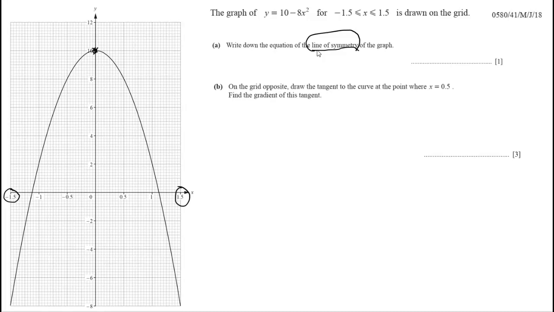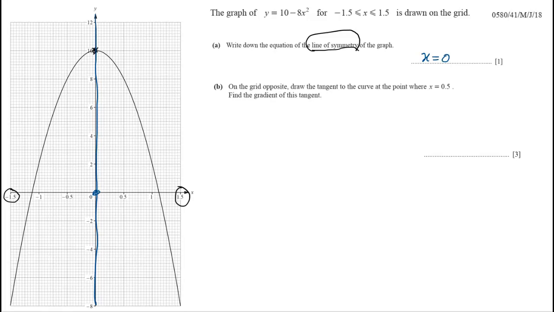From here, this vertical line, which is the y-axis right now, is the line of symmetry. And it is a vertical line cutting the x-axis at 0, so its equation will be x is equal to 0.